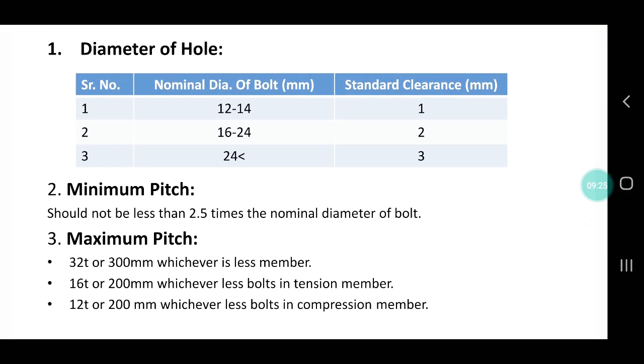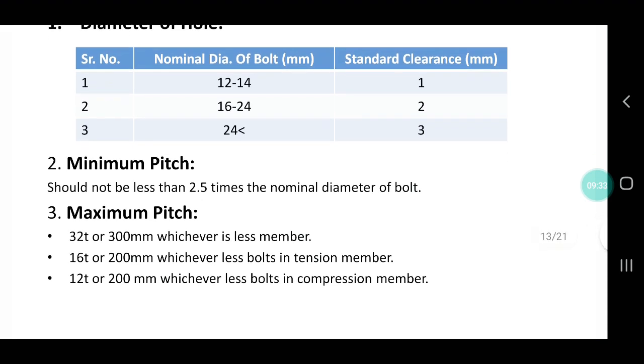Next point is the maximum pitch. Why does the maximum pitch need to be considered? If we increase the pitch, the distance between two bolts is very high. In such a situation, the stress transfer or the connection between the two members might be loose, and it will cause a problem.